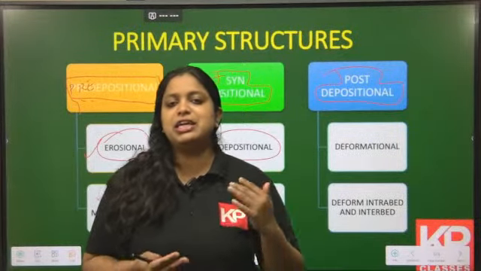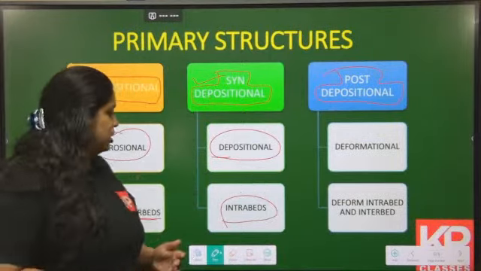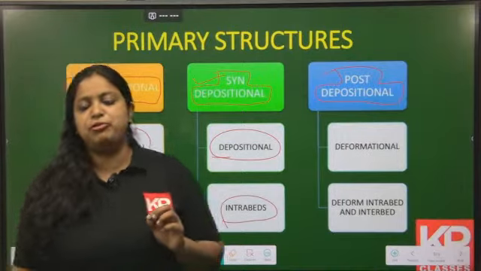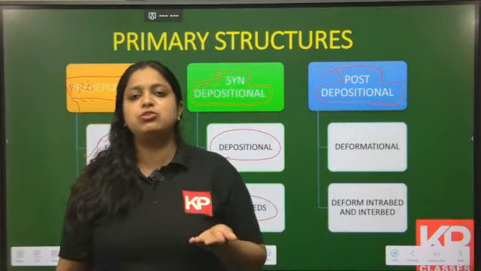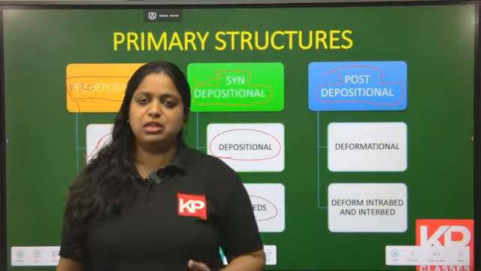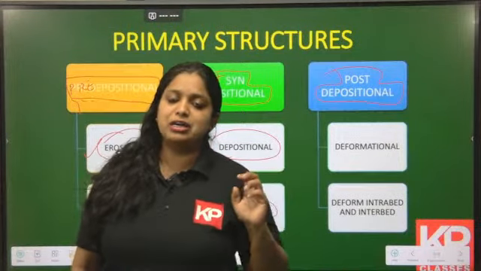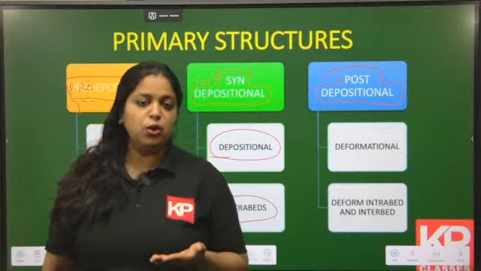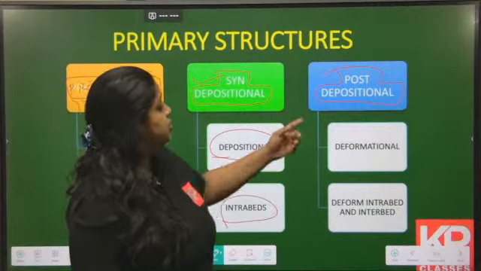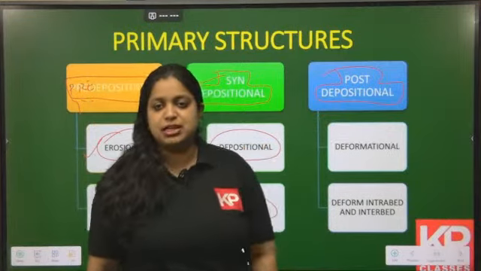So cross beds are intra-bed sedimentary structures, whereas sole marks are interbed. Sole marks will be found at the bottom of a sandstone, that's why the term sole mark. Sole means bottom.